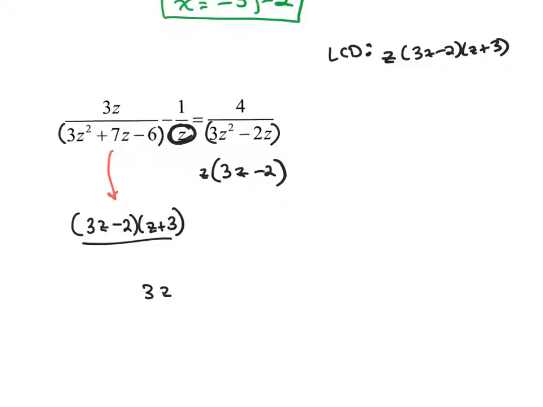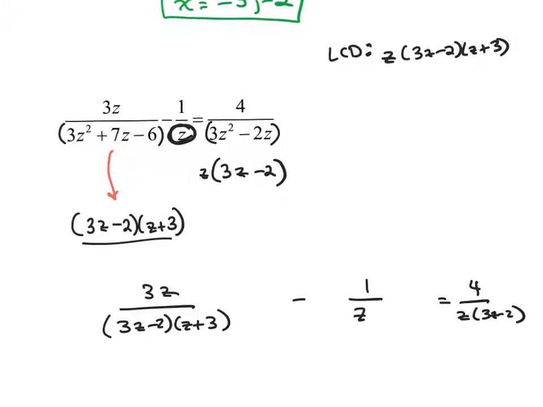So I have 3z over 3z minus 2 times z plus 3, that's the first one, minus 1 over z, equals 4 over z times 3z minus 2. And now I'll multiply all these things to all those denominators. So we'll have z times 3z minus 2 times z plus 3.